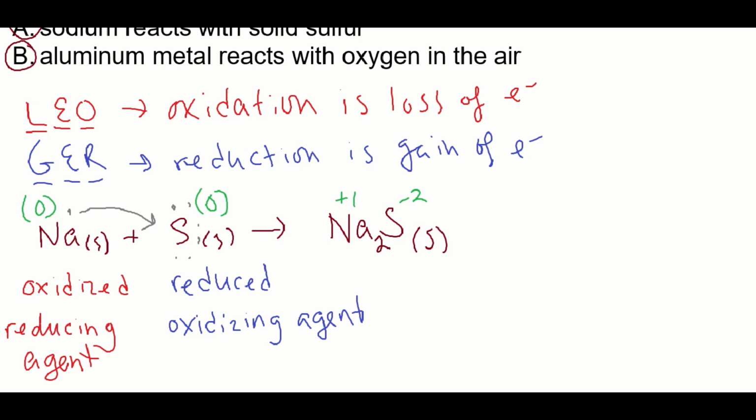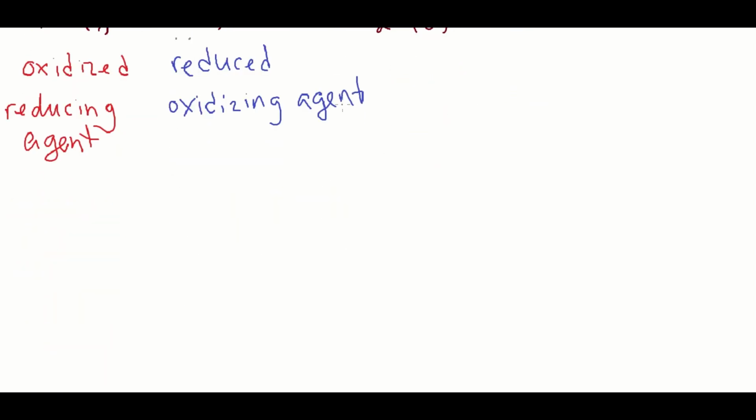All right, let's move on to part B, aluminum and oxygen. Aluminum is a metal, so we'll indicate that with a solid, and oxygen is a diatomic gas. Again, we'll use the charges to find out the formula.